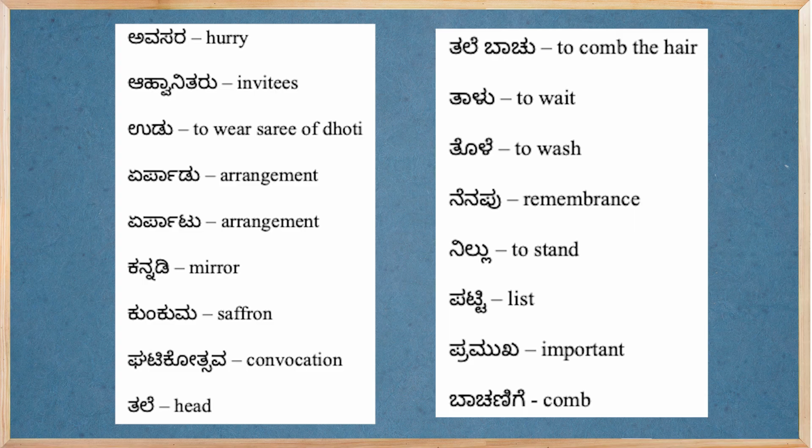Let's listen to them. But before we move on to the convocation, note the vocabulary employed in Kamala and Suma's conversation. Avasara, hurry. Ahwanitaru, invitees. Udu, to wear sari or dhoti. Erpadu, arrangement.